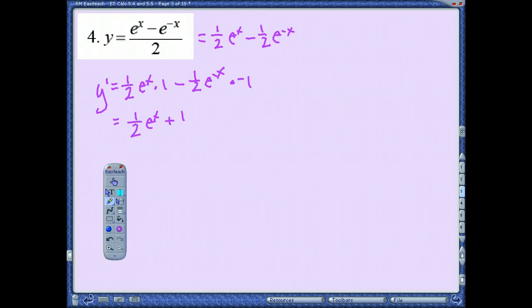I've got plus 1/2 e to the negative x. And then, of course, you can rewrite that with the exponent being positive. They gave us the problem with the negative exponent, so we can give it back to them. But in case you would like to fix that exponent, that is what it would look like. Not too bad. Final answer.